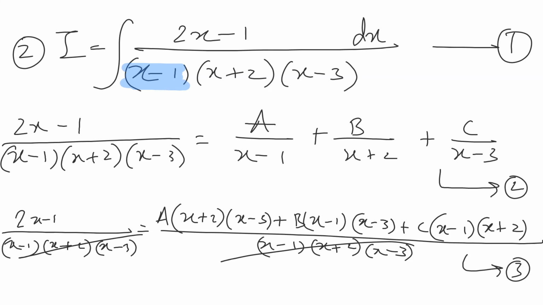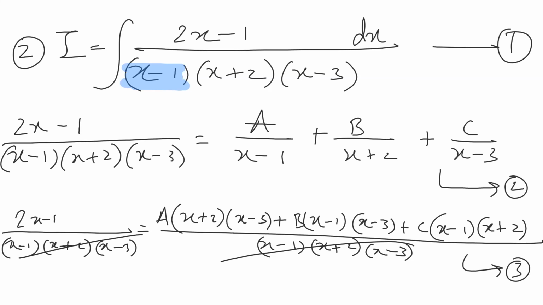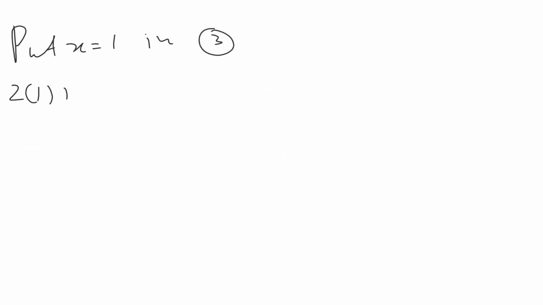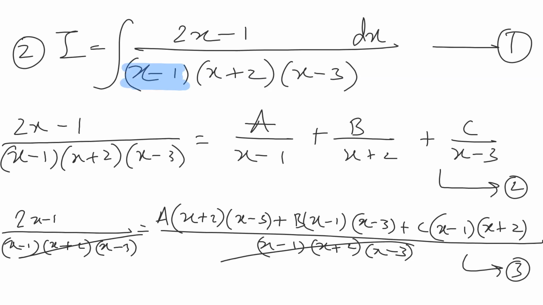Put that 1 in equation number 3. So next slide. Put x equal to 1 in equation number 3. So 2 into 1 plus 1. See, wherever there is x, I'll just put the value of x as 1.